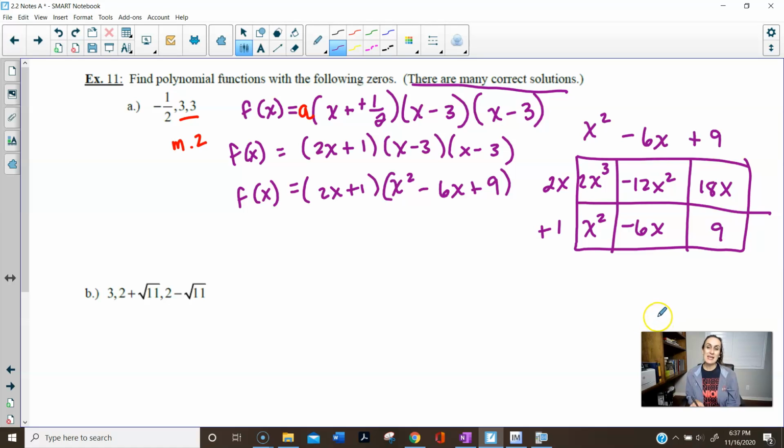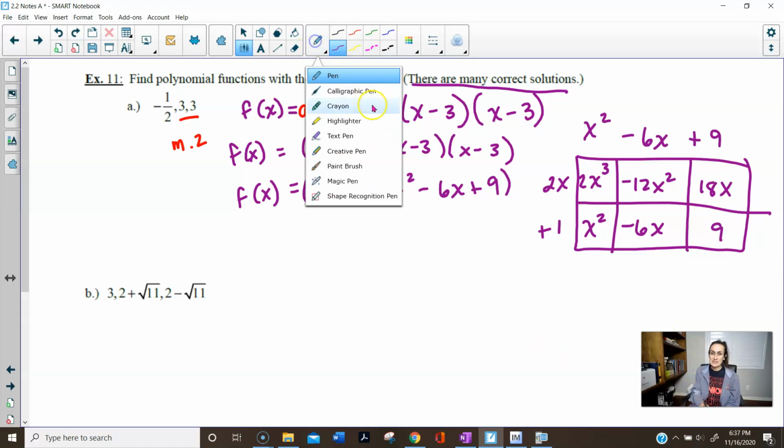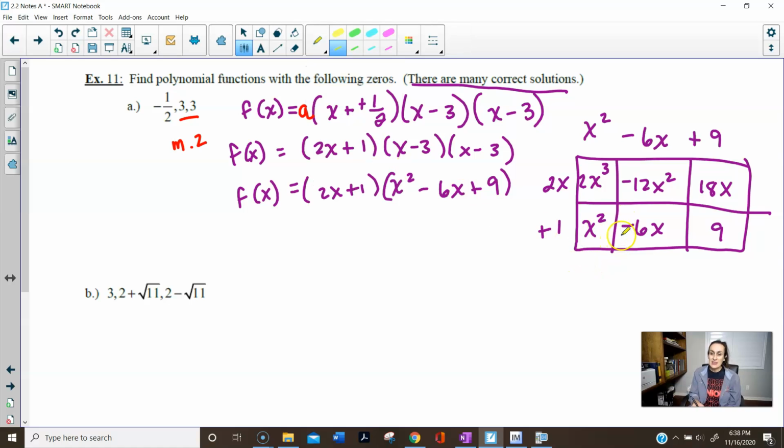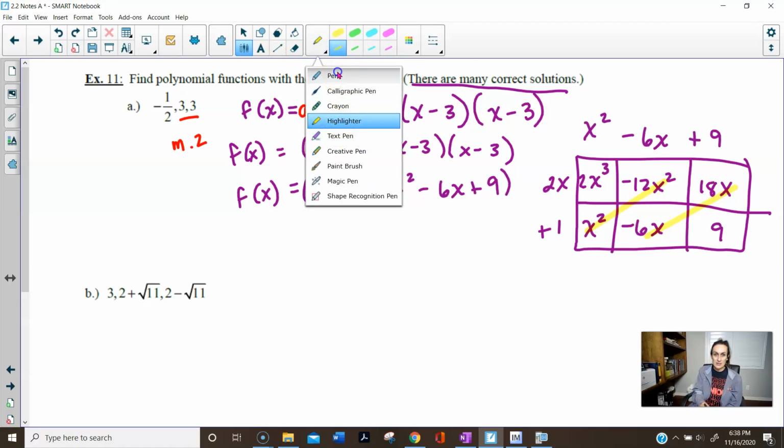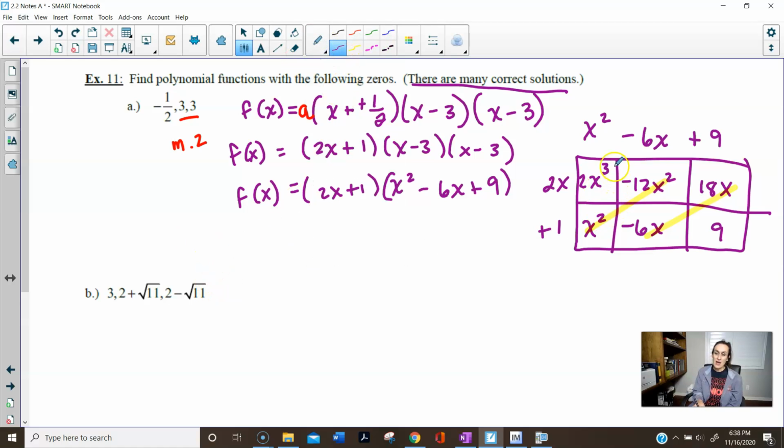And the reason I really like this method is now I can simply add together things that have the same exponent, so like terms. So I can add the x squareds together, I can add the x's together, and I'm home free, ready to rock and roll. If I can get my pen to work. Come on, pen. And so here I go. I've got 2x cubed. So f of x is equal to 2x cubed. 1x squared minus 12x squared is subtract 11x squared.